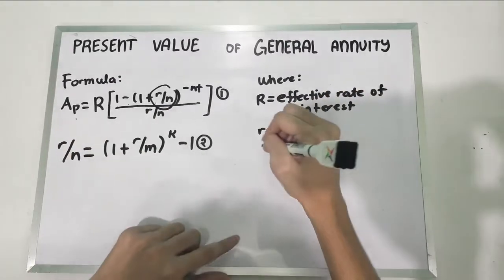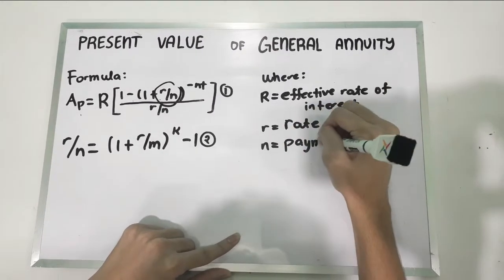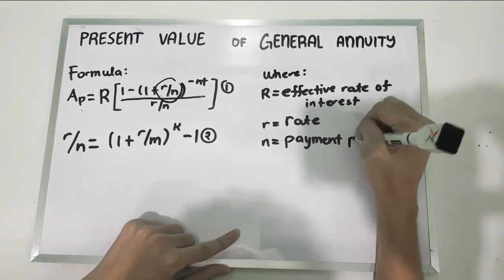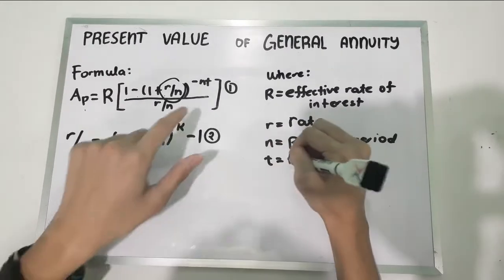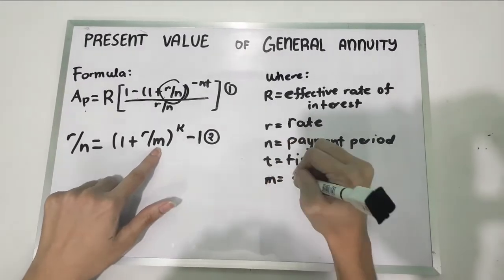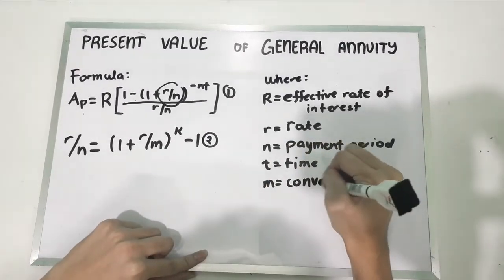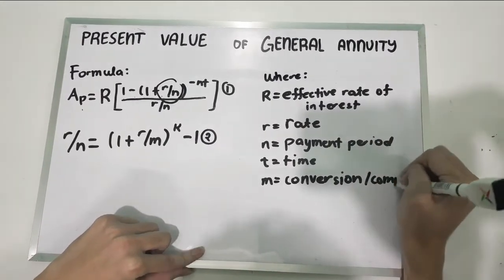The n is the payment period. The t is our time. The m is our conversion period, conversion or compounded period.